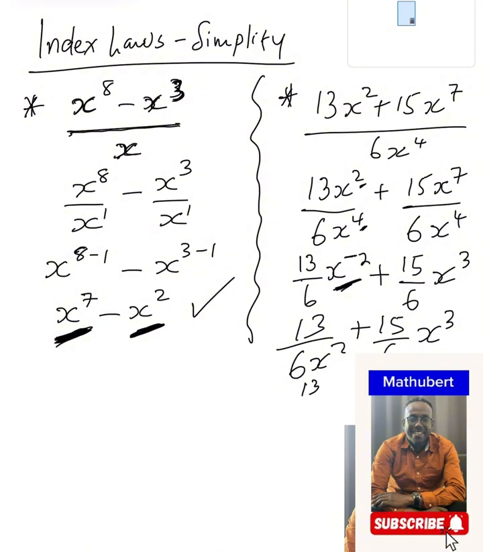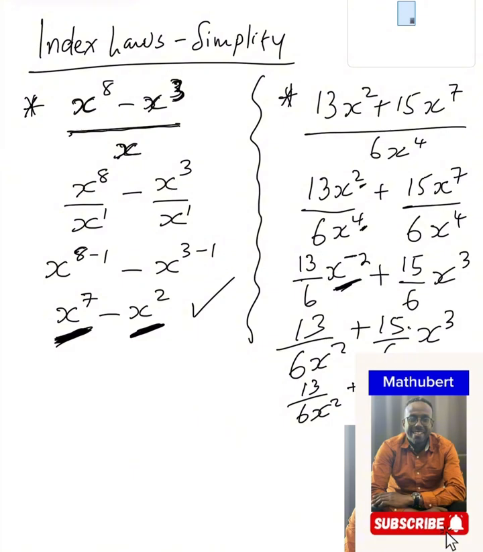We can divide 6 by 3 and 15 by 3. 15 divided by 3, we get 5, 6 divided by 3, we get 2, so 5 over 2x to the power of 3. And that will be our answer there.